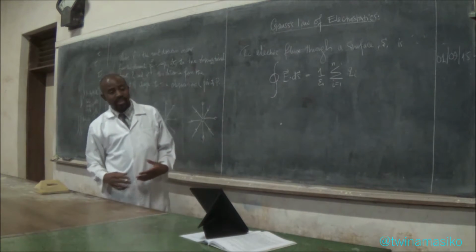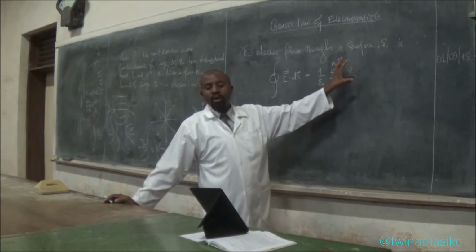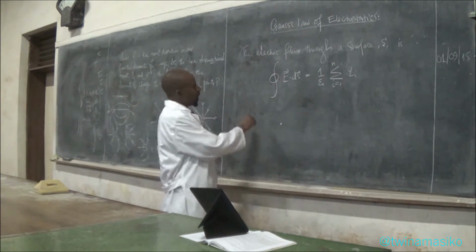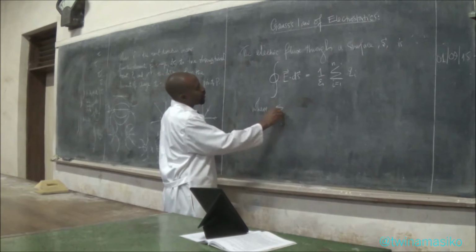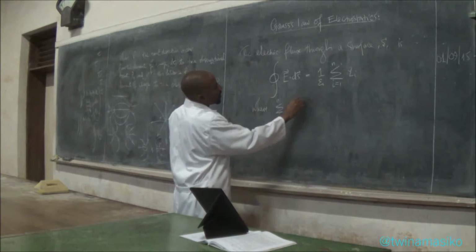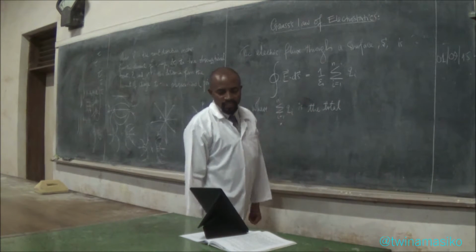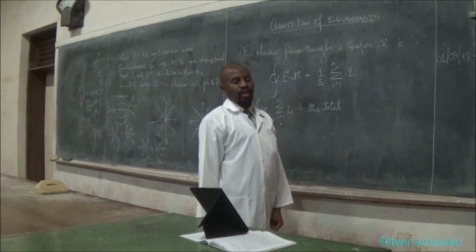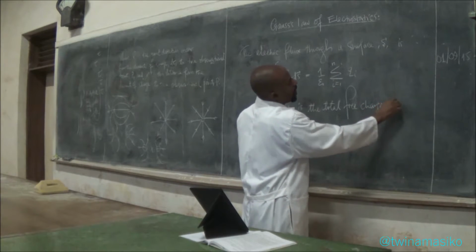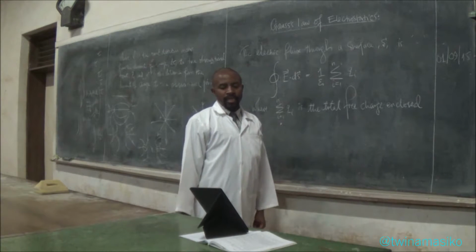In other words, if we look at this as a collection of all the charges, we can talk of it as the total charge, where the summation from i equals 1 to n of Q_i is the total free charge enclosed by the surface S.